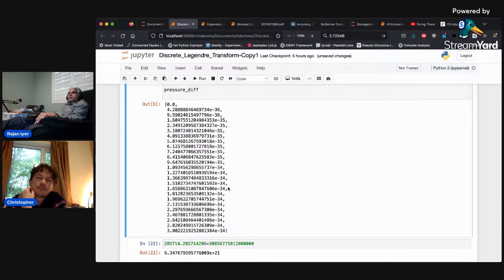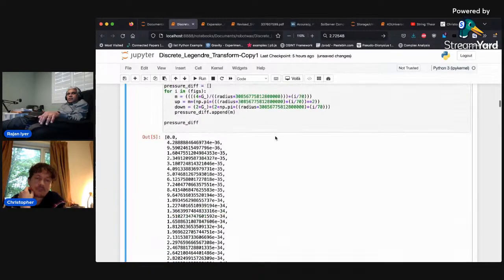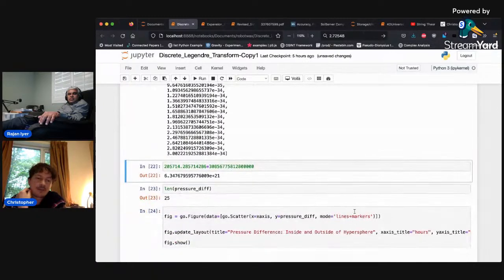Planck scale, yeah, 10 to the power negative 34 is the Planck constant. Okay. So technically this is a pressure differential. It's kind of in the realm of the Planck, but it's not H bar. Probably H bar. Maybe. Yeah, that's a good point. We'll look into that. Don't think we need that figure.